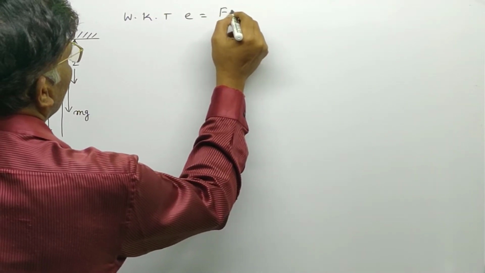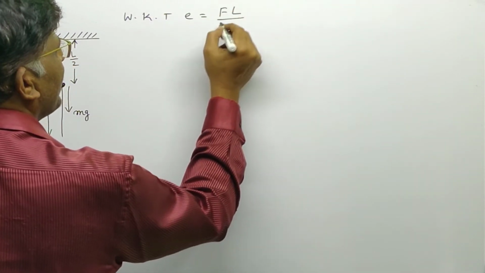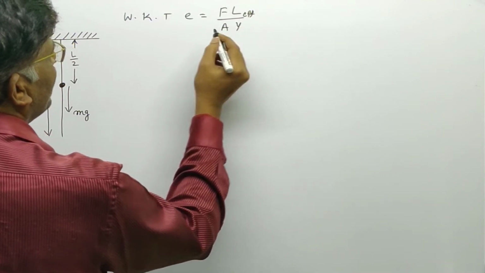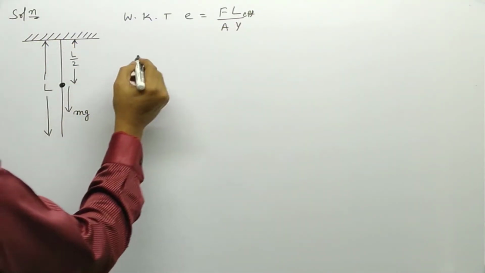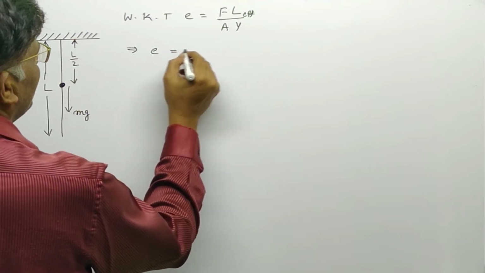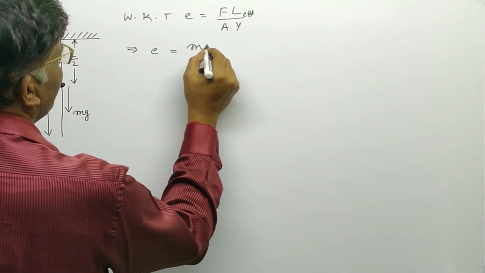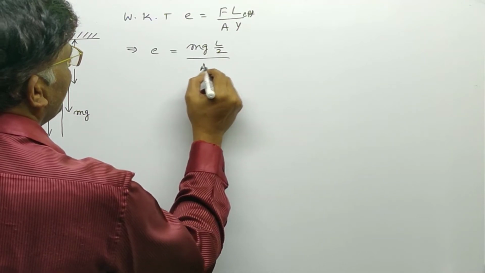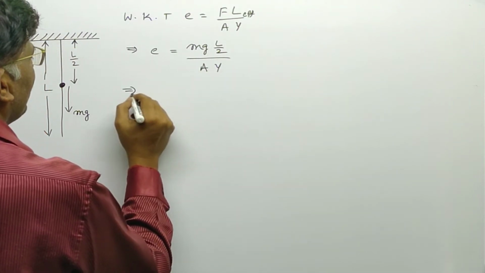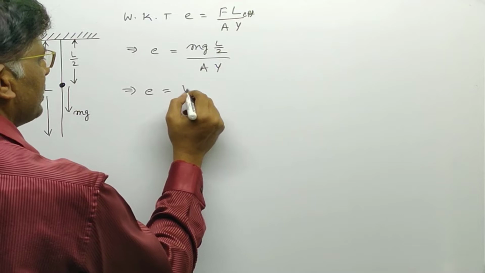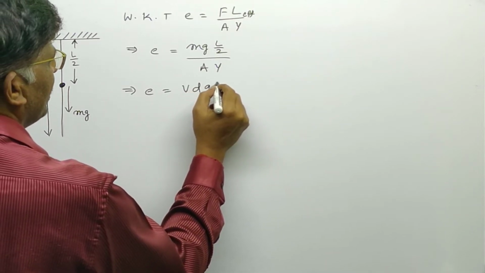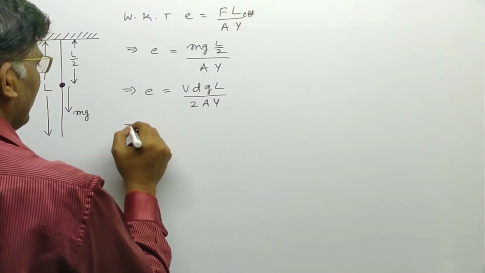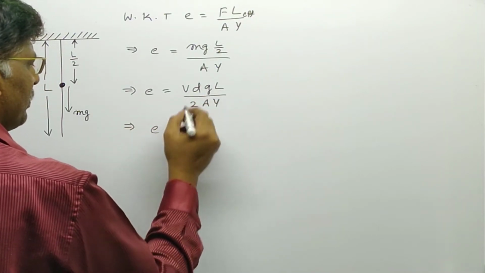We know that elongation E is equal to F into L effective divided by A into Y, where L effective is equal to L by 2. So E is equal to F, which is mg, times L by 2 divided by A into Y. Further, m can be written as volume into density, so E is equal to volume into density into g into L divided by 2AY.